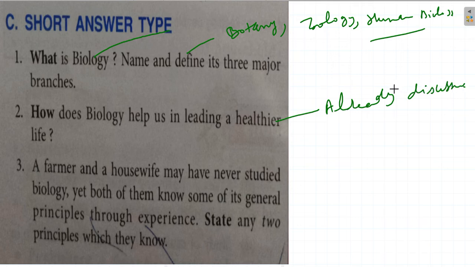Right? Now, a farmer and a housewife have never studied biology, yet both of them know some of its general principles through experience. State any two principles which they know. So, housewife basically runs a house, so they have good knowledge of grocery.